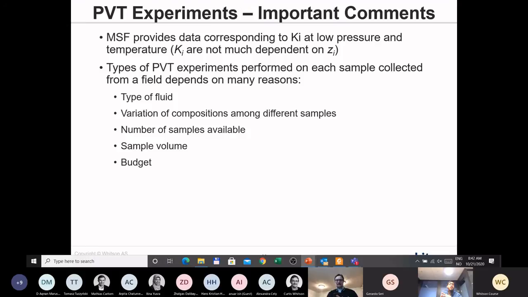The data that corresponds to the K values for this very wide range of pressure, temperature, and composition space is what you need for tuning your equation of state model. In that case, even if you don't do any other experiments like CVD or DLE, just doing CCE experiments on all of your samples with a very wide range of composition should be very reasonable for tuning your equation of state model.